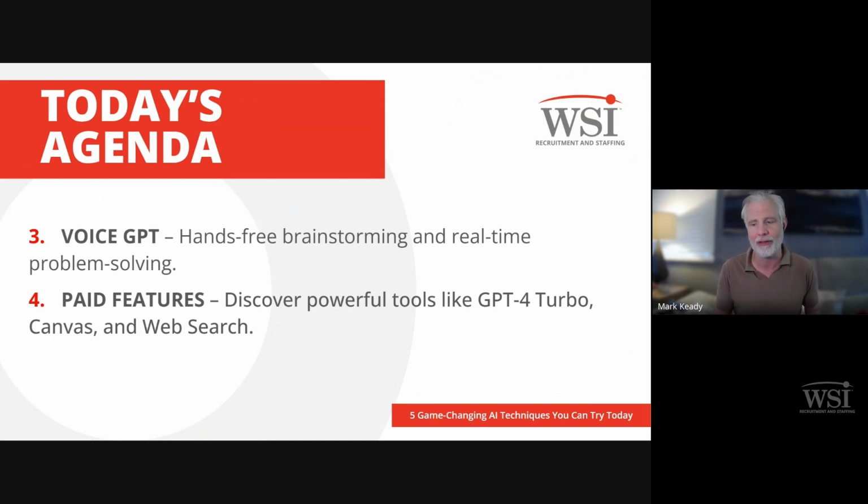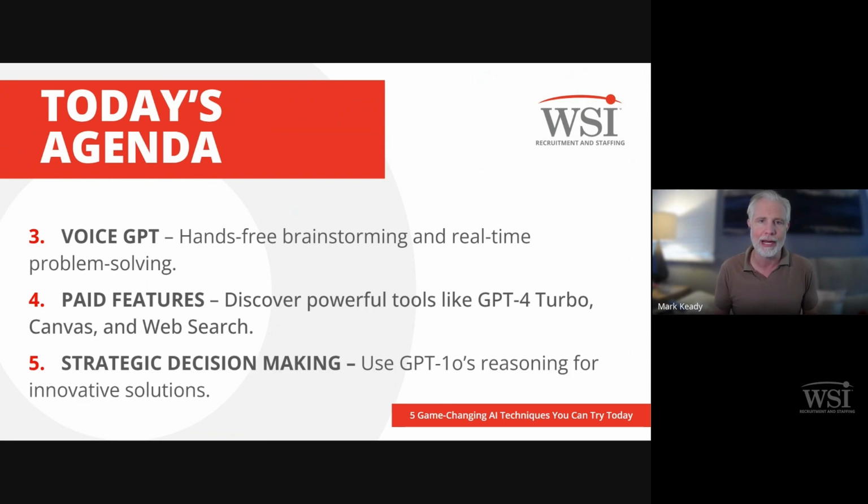There are a lot of different models out there for ChatGPT on the paid side of things, and we're going to show you all those today. And of course, strategic decision making. One of those models is ChatGPT's o1 version, and it is amazing when it uses reasoning and more innovative solutions. It takes a lot more time and computing power to come up with a response, but that is also cool.